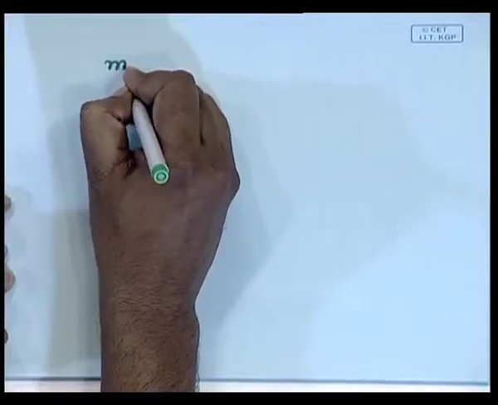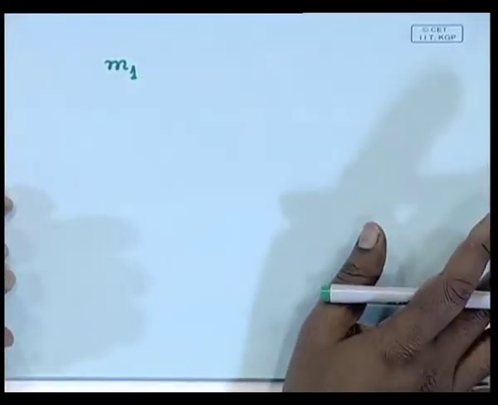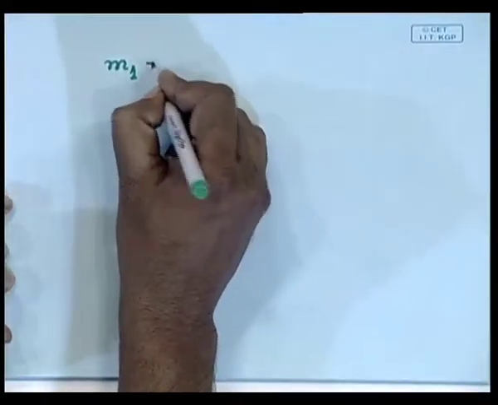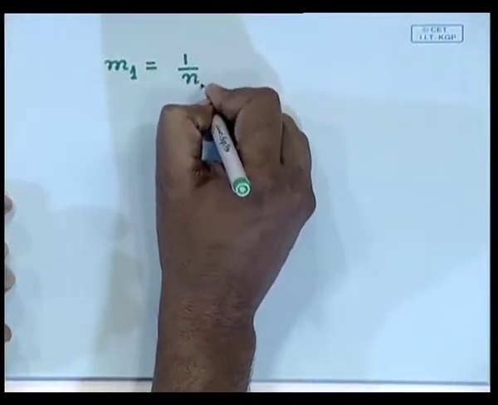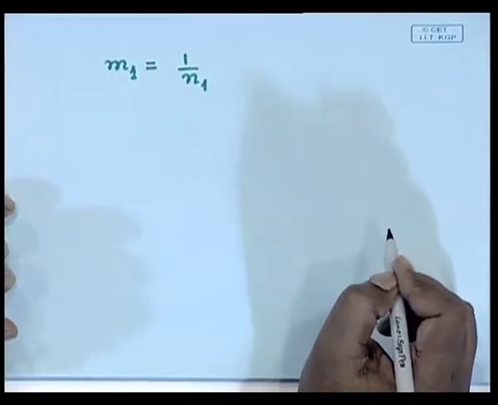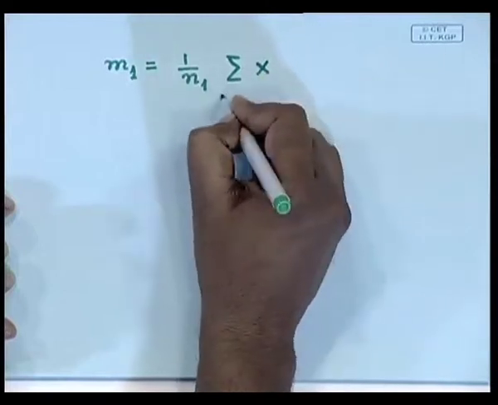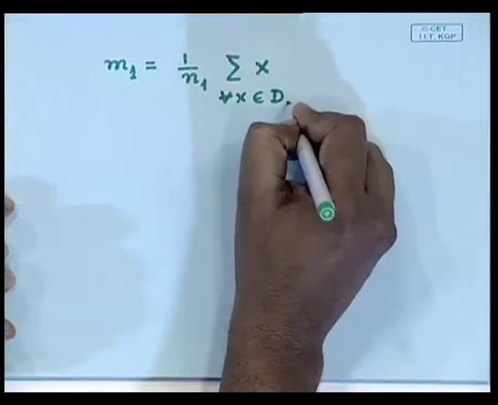Now, coming to the sets D 1 and D 2, I can find the mean M 1, which is the mean of the samples in class D 1. Obviously, M 1 is equal to 1 upon N 1, because N 1 is the number of samples in class D 1, then summation of x for all x belonging to set D 1.